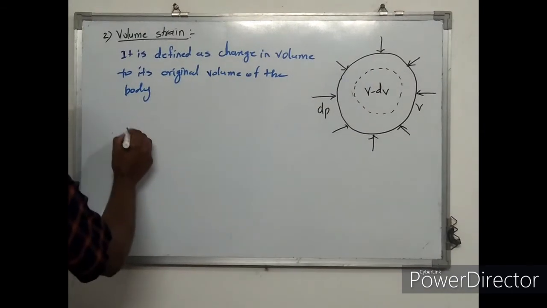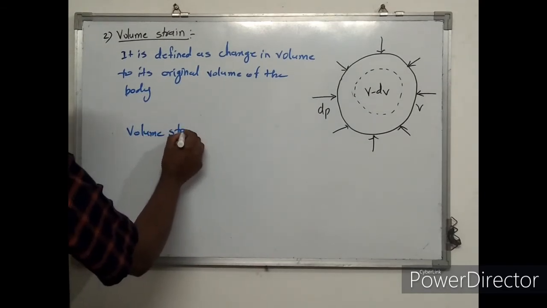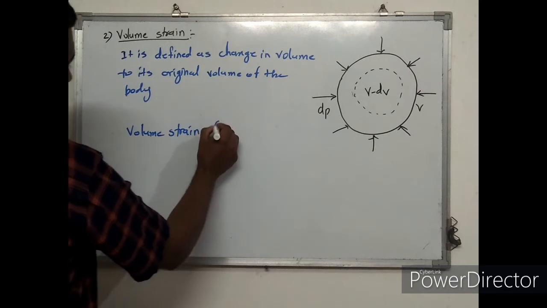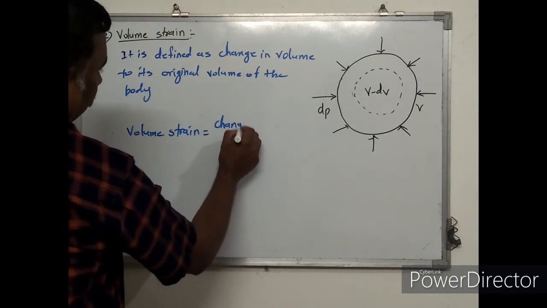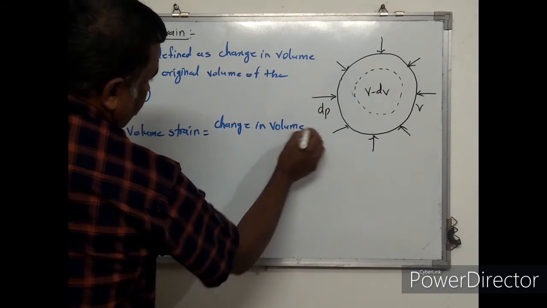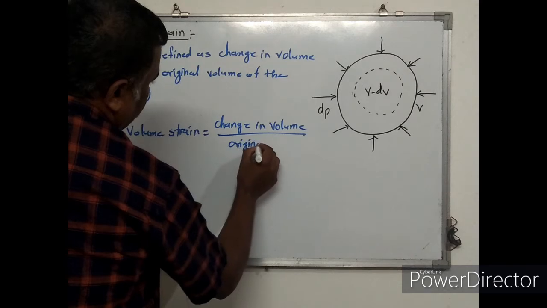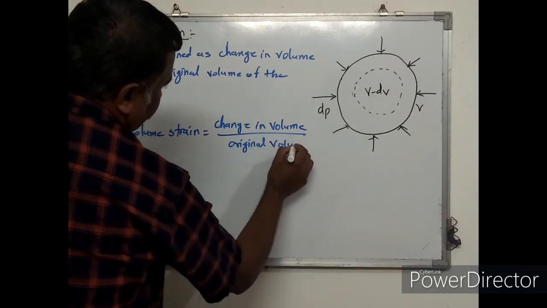That is, we can write volume strain is equal to change in volume divided by original volume.